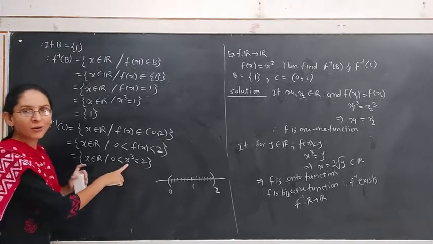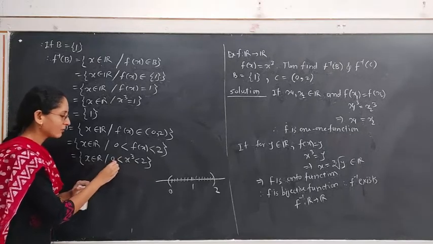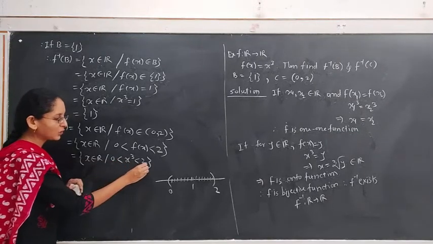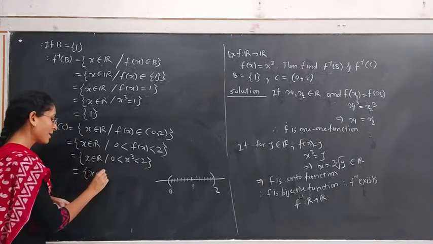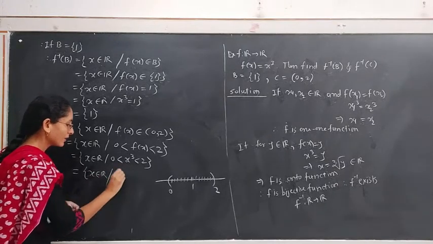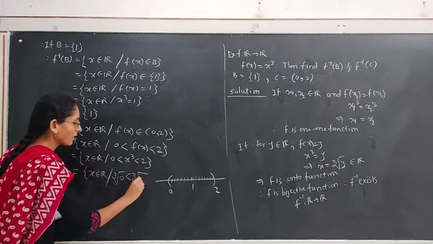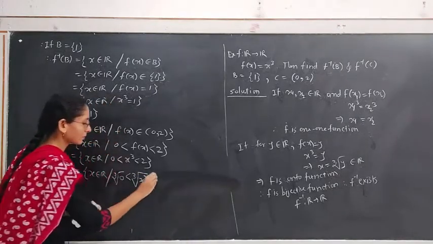We want to find the value of x, so we take the cube root of this inequality. We take the cube root of 0, then cube root of x cube, and cube root of 2. From this we get the set of all x belongs to R, where cube root of 0 is less than cube root of x cube, less than cube root of 2.